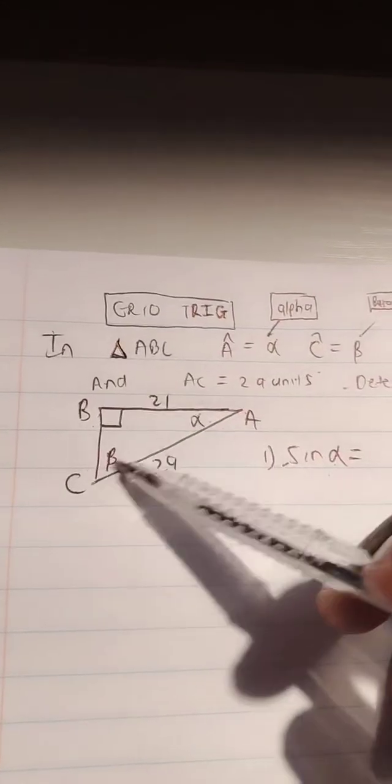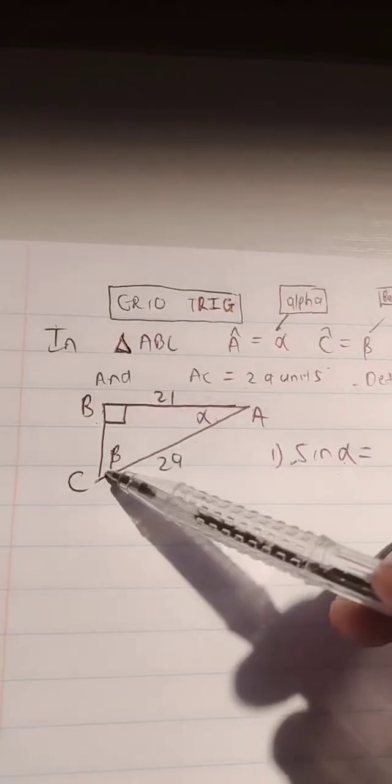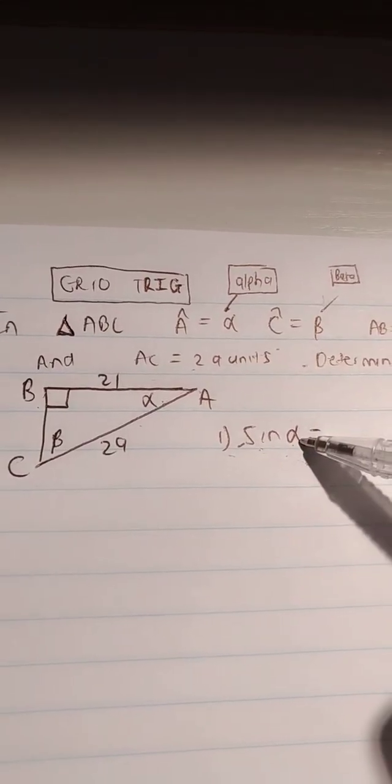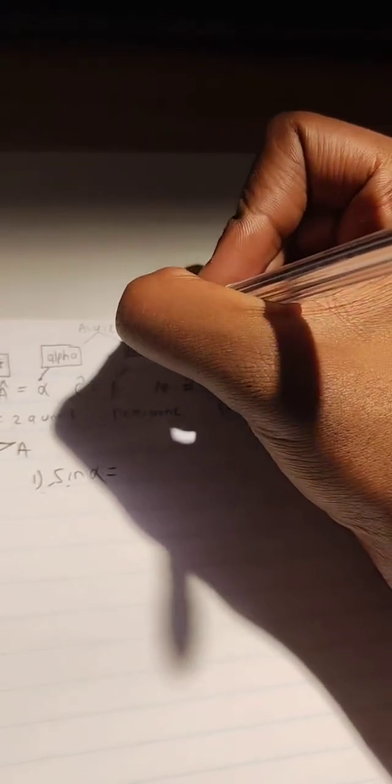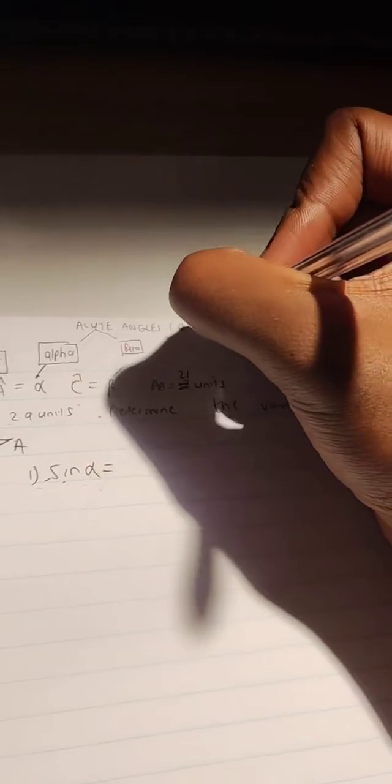Now guys, whenever we want to read from a right angle triangle the value of a particular defined trigonometric ratio with its accompanying angle, mind you that every angle is assumed to be acute, and by acute we mean the angle is between 0 and 90 degrees.